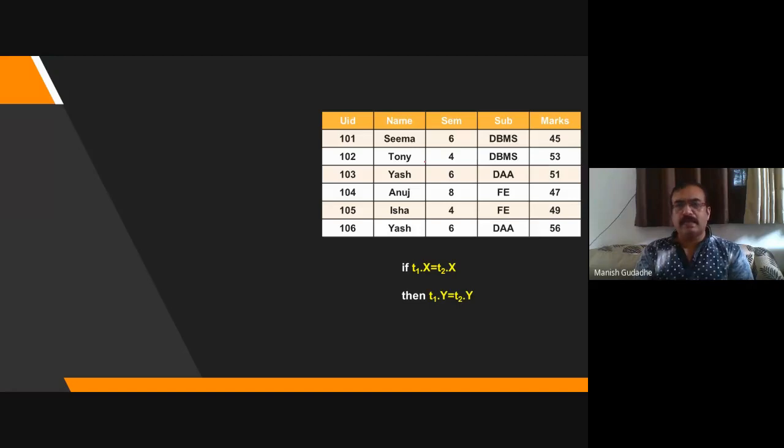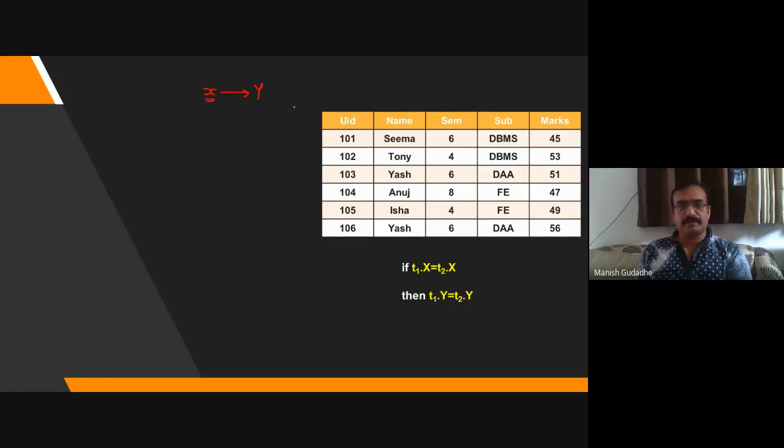But if I take name as a primary key, it doesn't make sense, because Yash is getting repeated. So we cannot have name as a primary key. But when I say X determines Y, it means X is able to determine the value of Y, but it doesn't mean that X is always a primary key.